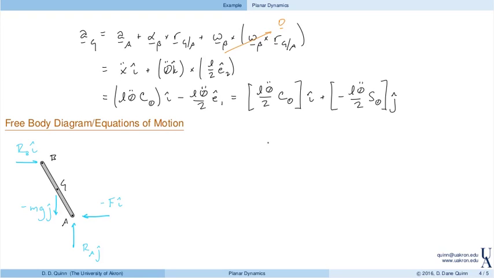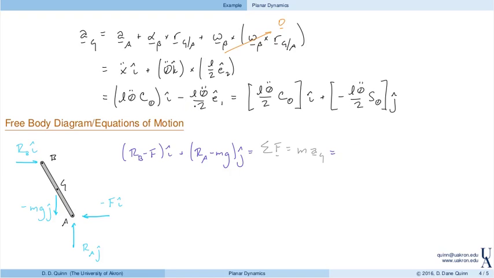momentum balance. So the equations of motion are sum of the forces equals mass times acceleration of the mass center. So now, simply filling in what we have previously, looking at the forces in the I direction, we have RB minus F. And then in the j direction, we have RA minus mg.